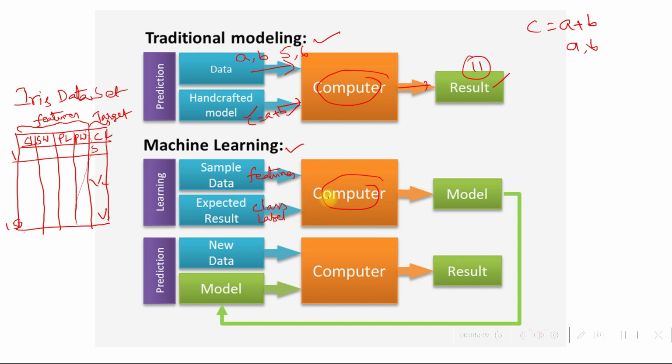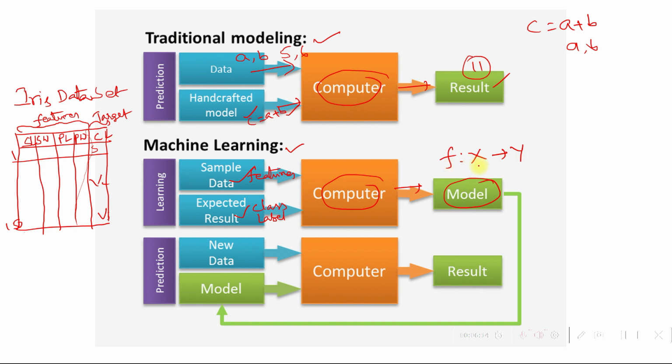Now, based on this input data and corresponding class label, the machine is going to learn and generate one model. That model is, for example, f, a function that gives the relation between x and y.